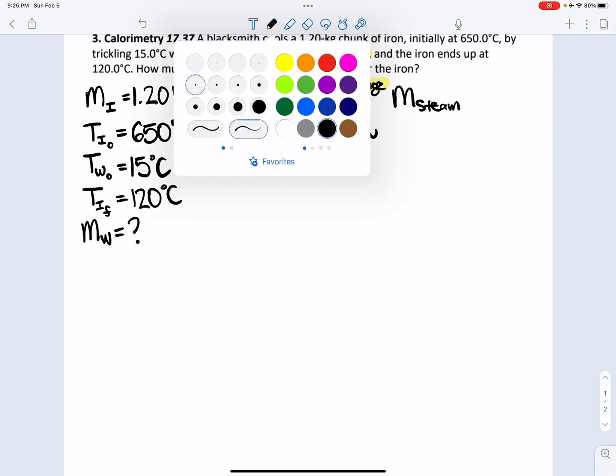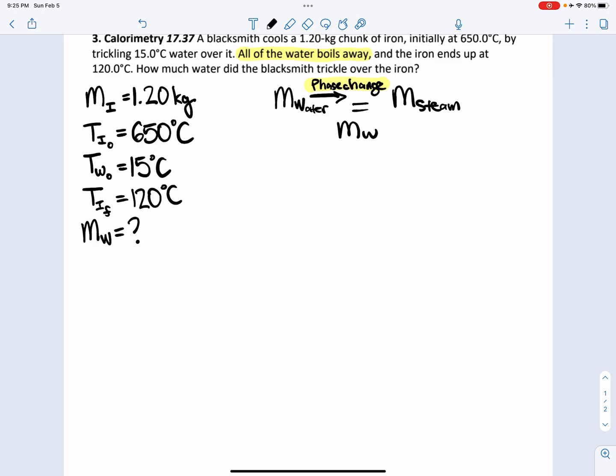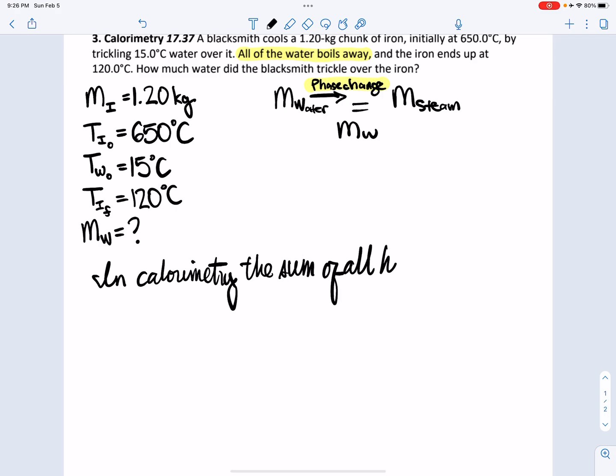So in calorimetry, the sum of all heat transfer is equal to 0. So that's denoted by the summation of Q i is equal to 0.